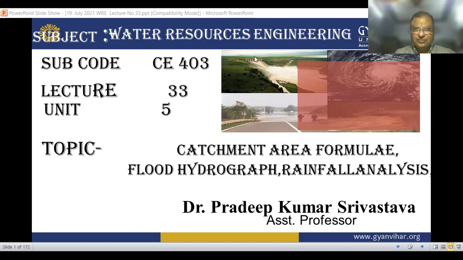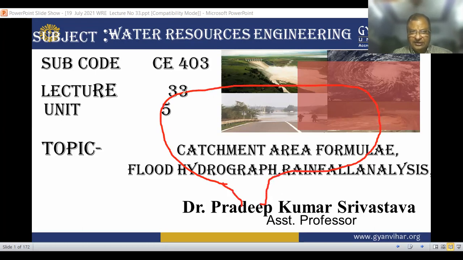Suppose this is the area, and the entire rainfall, after the start of flushing, collects in one place that is called a river or nala.